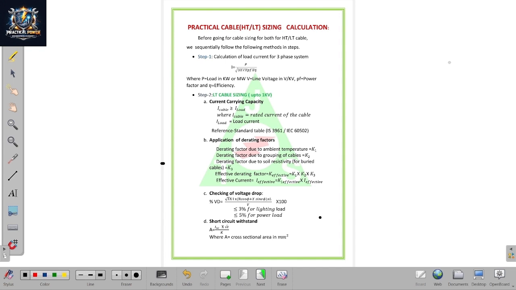The value is separate for each derating factor, but we have to find the effective derating factor by multiplying the individual derating factors. Here our K effective is equal to K1 into K2 into K3.